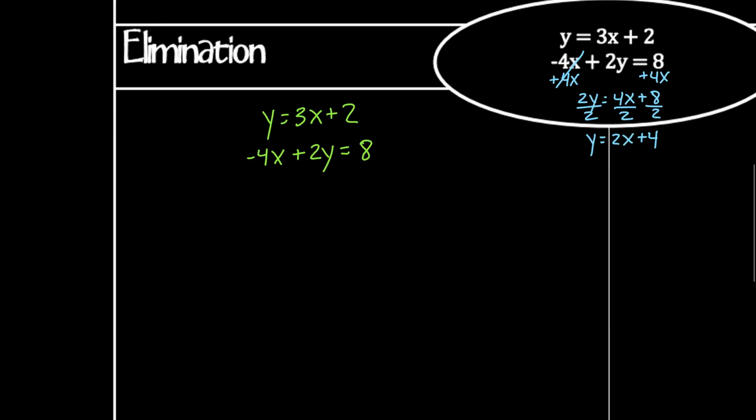You're trying to eliminate one of the variables, so you're left with just an equation with one variable that you can solve. So the stipulation for elimination is that everything needs to be lined up. Your y's need to be lined up, your x's lined up, and your constants lined up. Are they lined up in this problem? No. So that's probably what makes substitution easier on this problem.